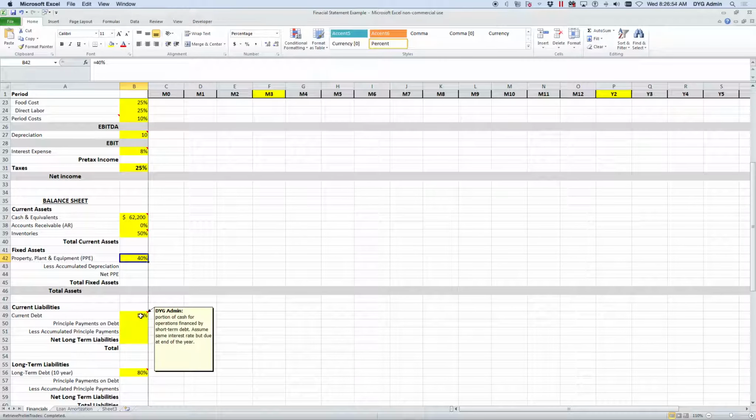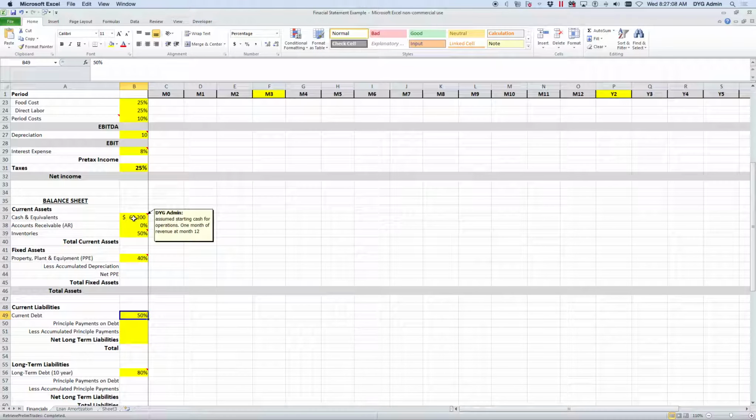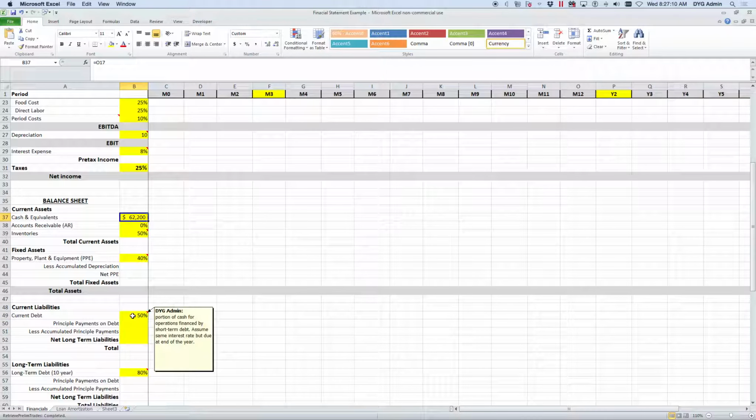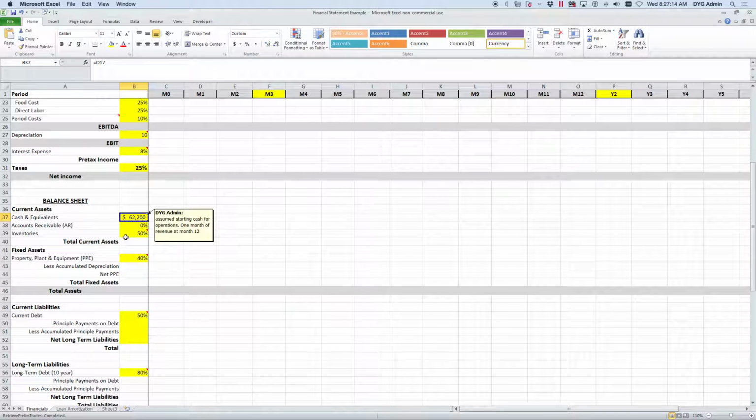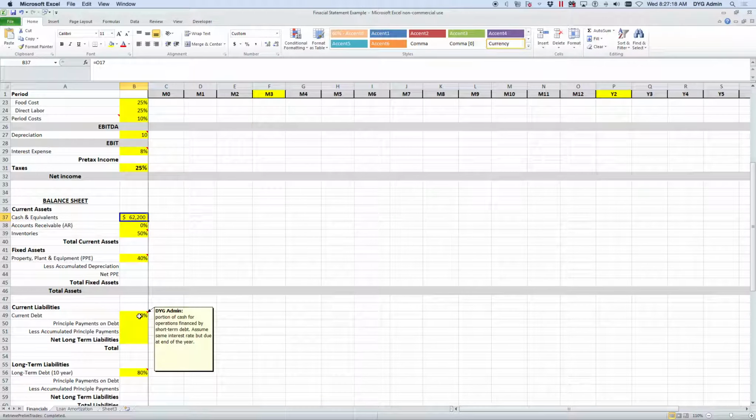In terms of current debt, I am going to go ahead under current liabilities and have current debt. For me, I am not putting that directly as a ratio of sales. I'm putting it as a ratio of the amount of cash that I'm starting out with. And so 50% of the cash that I need for operations, I'm going to finance through current liabilities.